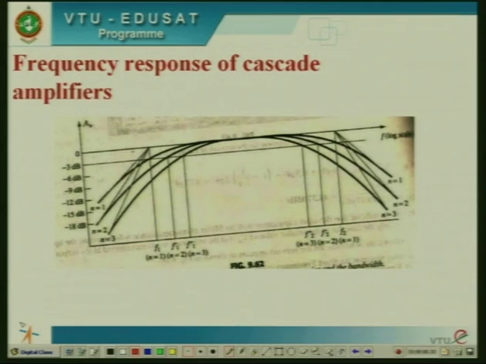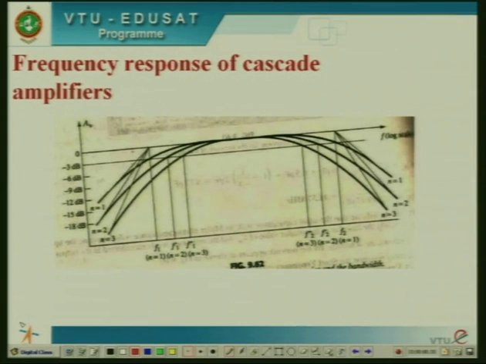For the frequency response, in the previous sessions and today's session, we have discussed an individual frequency response, meaning our one stage of the high frequency response and the low frequency response. Now, my objective is to calculate what happens to the bandwidth if many amplifiers are connected in series, and also what is the effect.